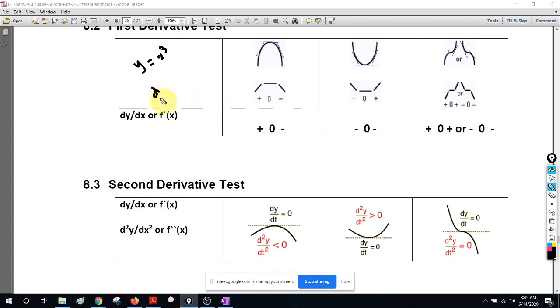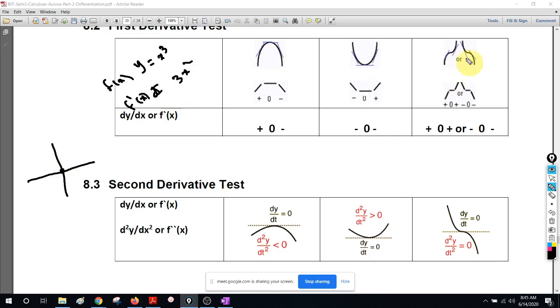Dy by dx, so the f dash x, this is fx, f dash x equals 3x squared, by the rules. Now we know that when x equals 0, this is 0. That means yes, x equals 0 is an interesting point, because there dy by dx is 0, right? It is going to be something like this, or a point of inflection.